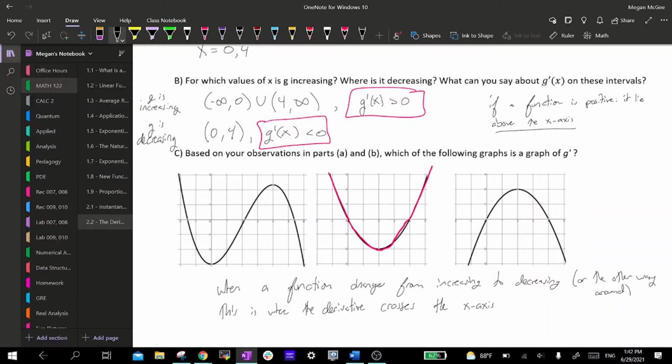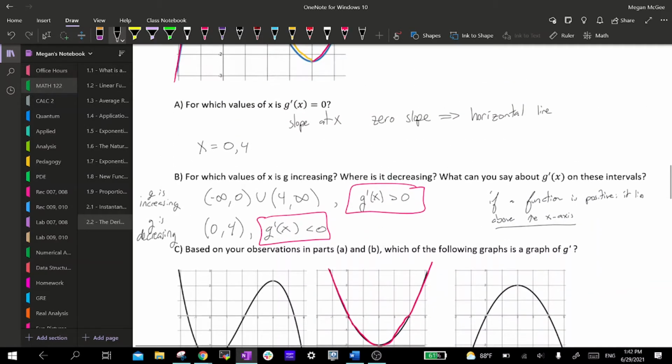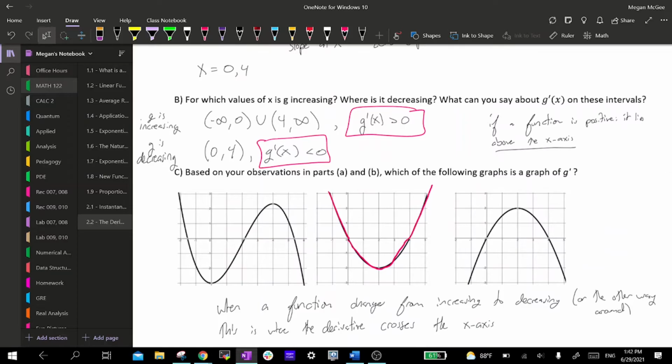So let's double check that. Part A, we found that our derivative was equal to 0 at 0 and 4. All right, and here we have 0 is where our derivative is equal to 0. So that's where we cross the x-axis.